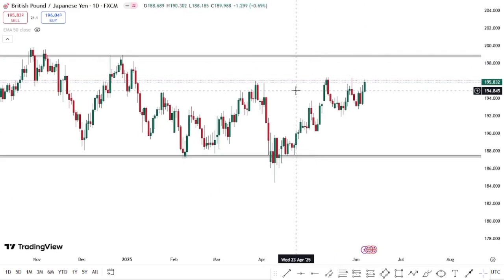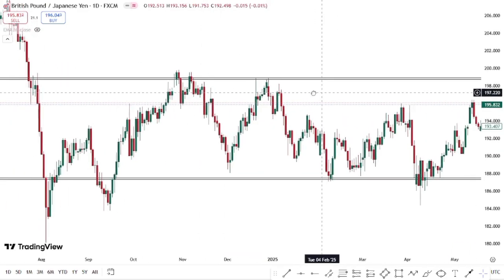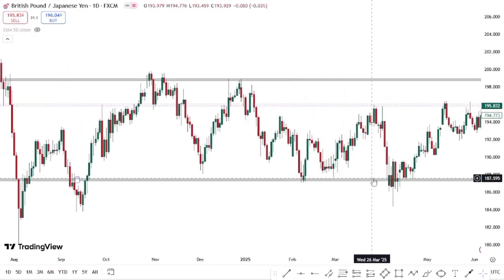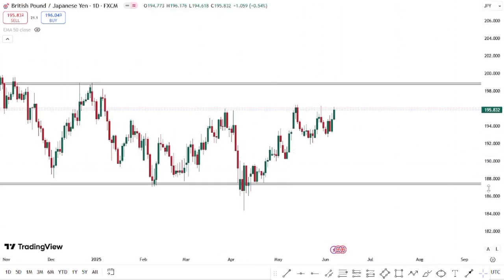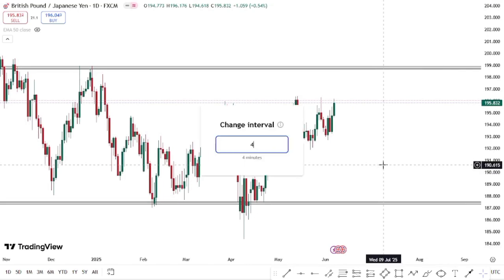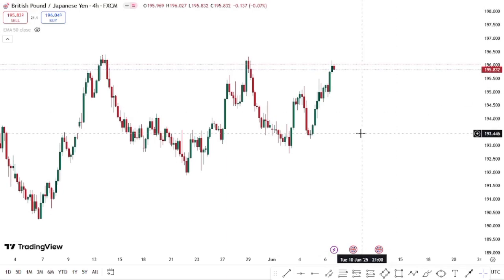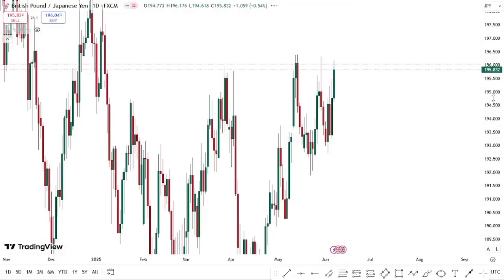And how am I going to enter for a buy on this particular trade? As I said, this market is in a range, but there are still trading opportunities in this particular trade. All I'll have to do is to come down to the 4-hour time frame. Sorry guys, let me go back to the daily time frame.